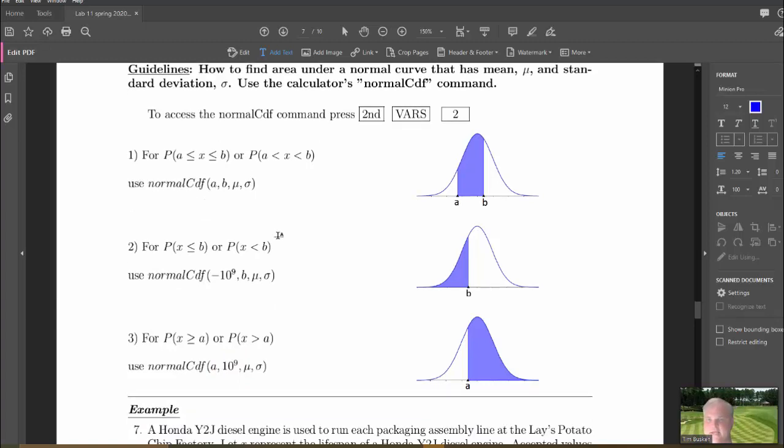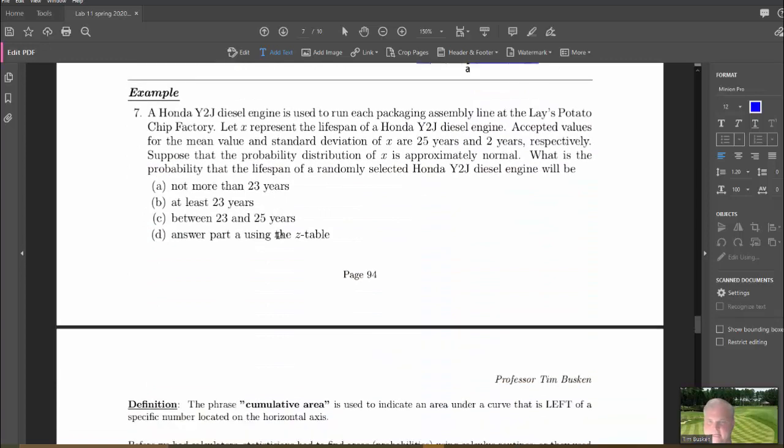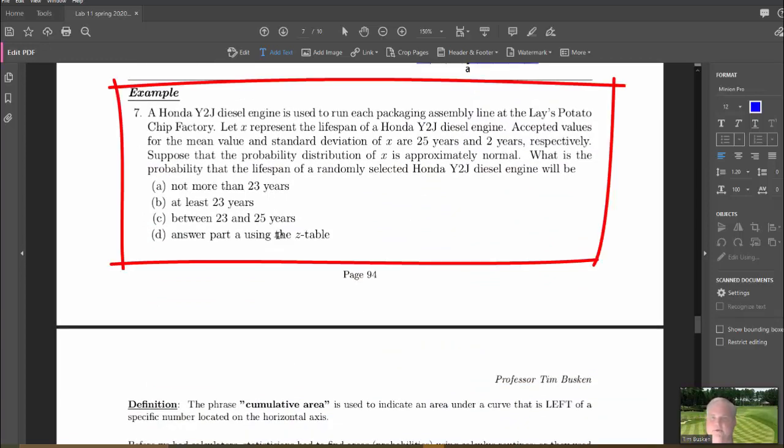Let me give you an example, and that example will be right here, problem number 7. In problem 7, we're told that a Honda diesel motor is used to run each packaging assembly line at the potato chip factory. Let X represent the lifespan of one of these motors.